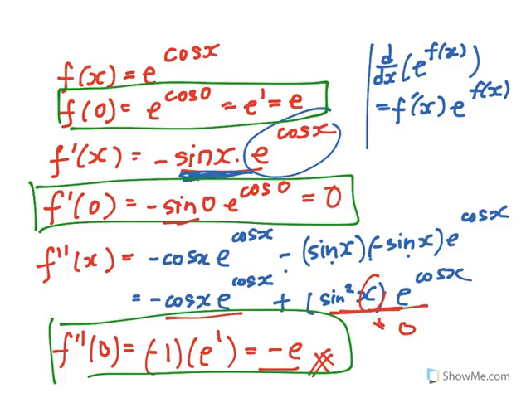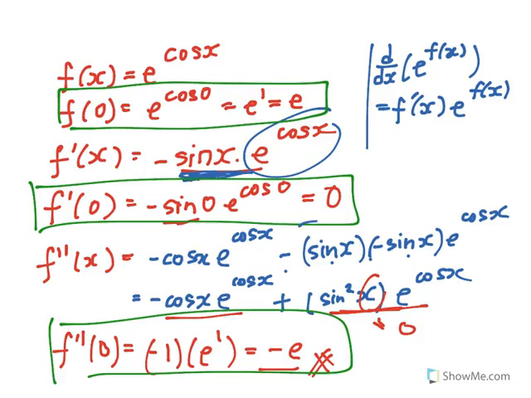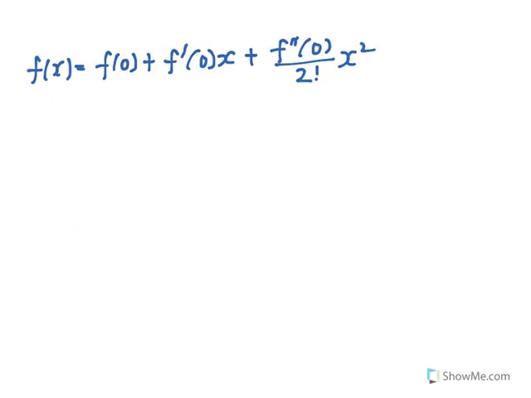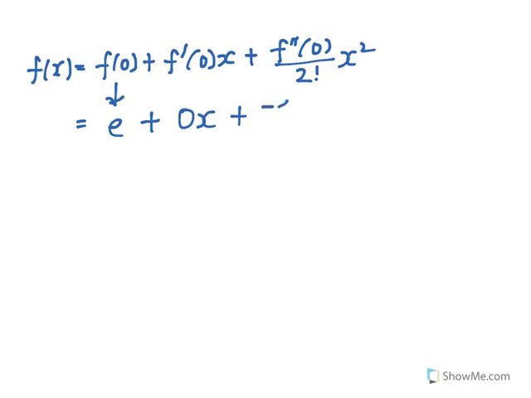We just write the first two non-zero terms, and since f'(0) is 0, we need the first and third terms. f(0) is just e, from part 1. f'(0) is 0, and f''(0) is negative e, so this is negative e over 2 x squared.